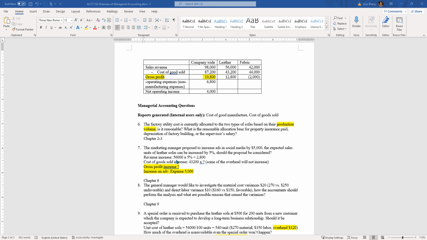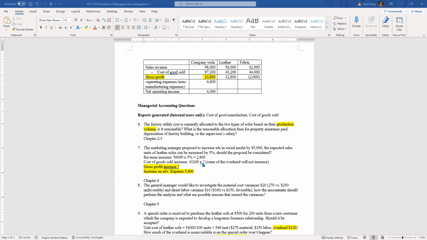I'm using 80 units right now, so a 5% increase will be approximately $2,000. But the cost increase, here is the problem. The cost we have calculated is 43,200. You can check the transaction before.